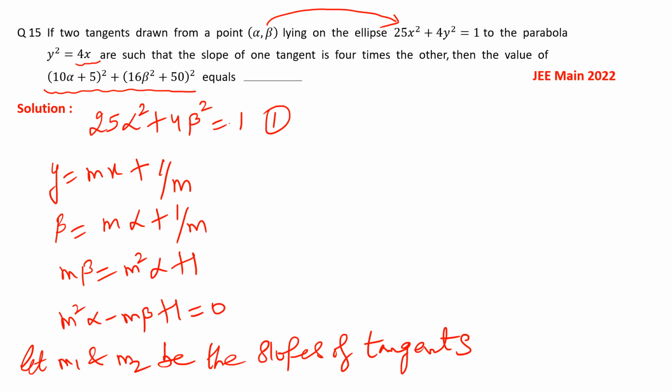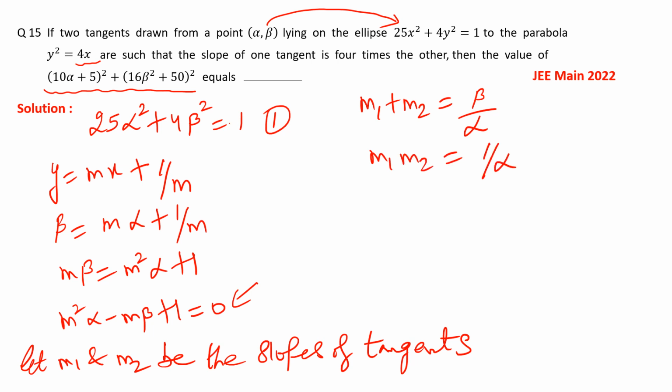Now if these two are the slopes of the tangents, they must be the roots of this equation. So this means m1 plus m2 will be equal to beta upon alpha. I'm just using the basic formula of sum of roots and product of roots. And similarly m1 into m2 will be equal to 1 upon alpha.